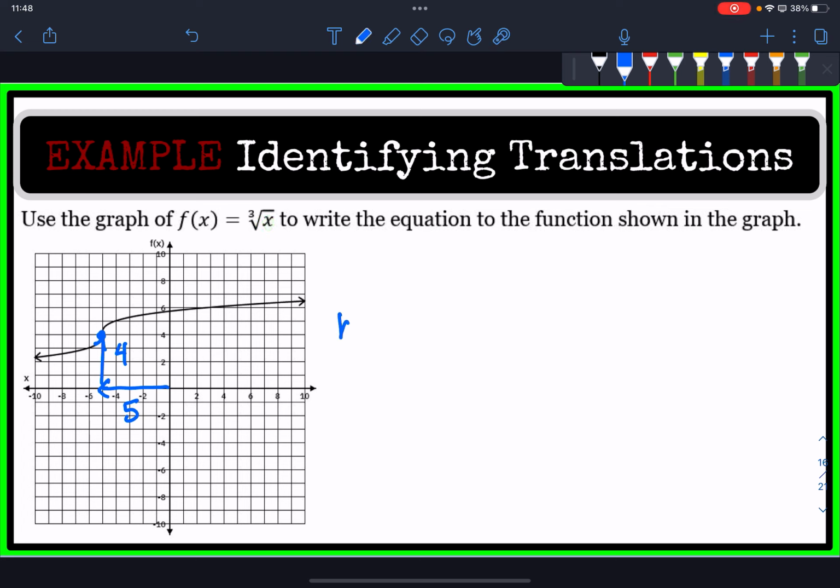So our function h of x for this translation would be the cube root of x plus 5, since we want to slide it to the left, and then the plus 4 goes on the outside. So any operation on the inside is going to affect it horizontally, and any operation on the outside is going to affect it vertically.